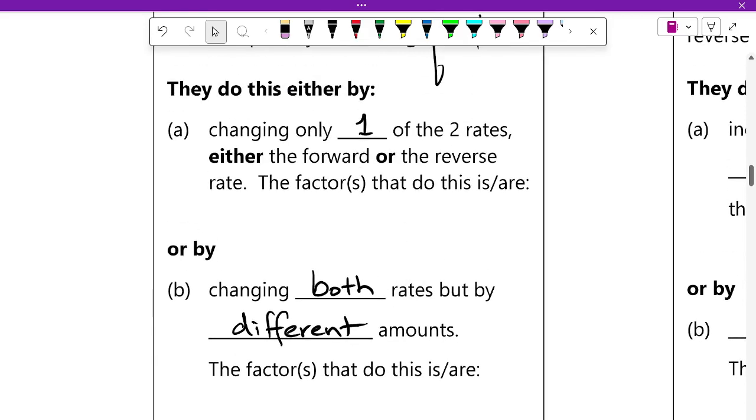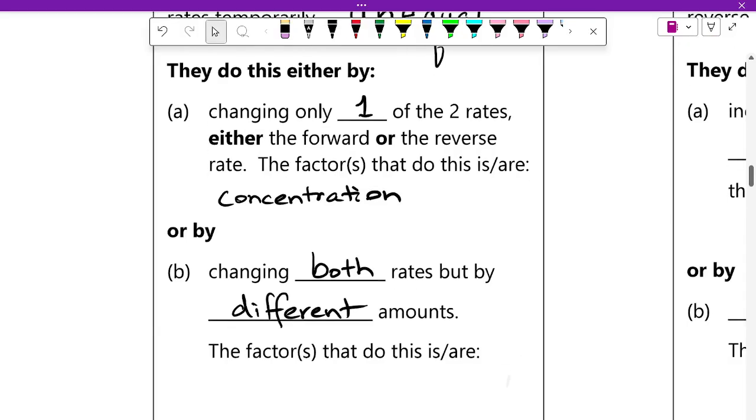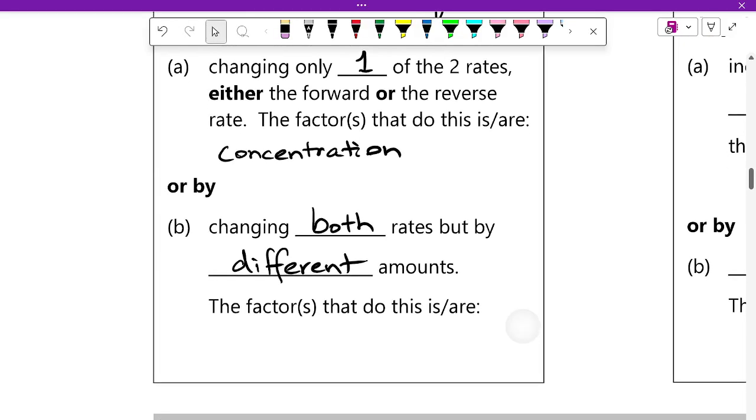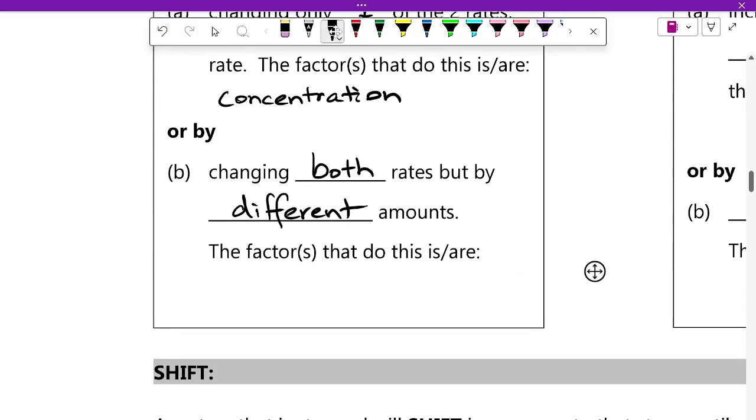So the factor that changes only one of the two rates would be concentration, and the factors that change both rates would be temperature, and then pressure, volume. It's going to depend on whether you have gases in the reactants or the products or both.